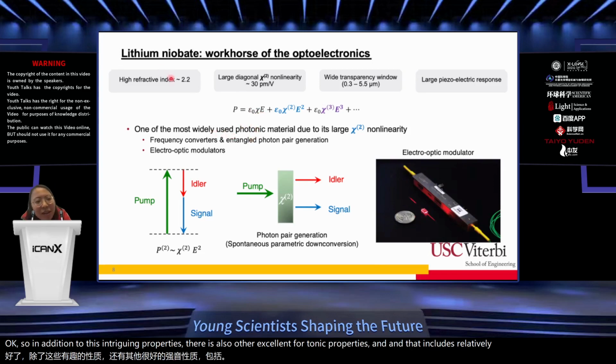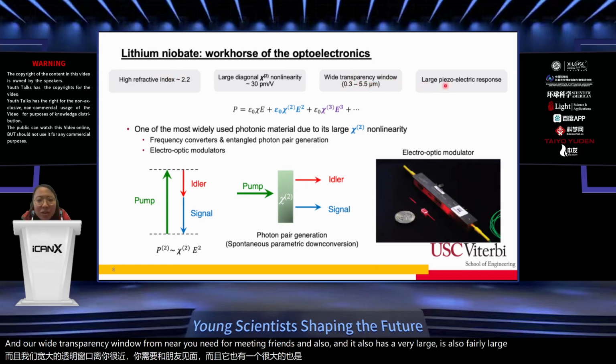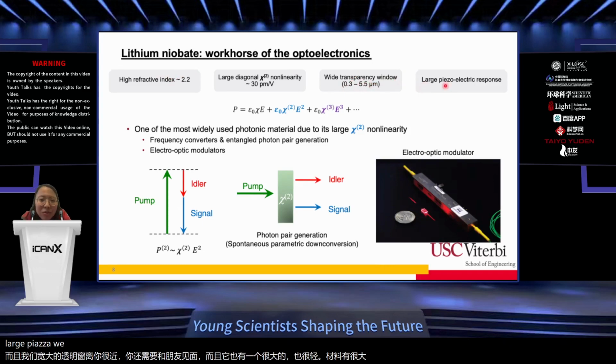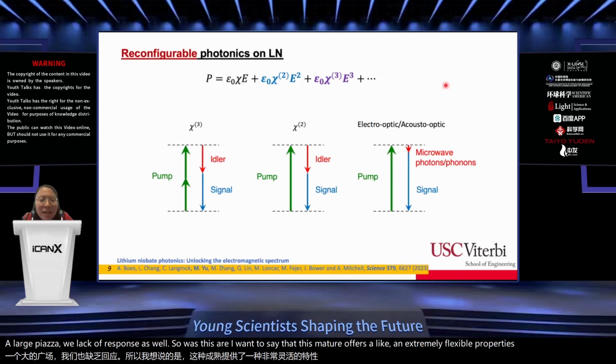In addition to these intriguing properties, there are also other excellent photonic properties, including a relatively high refractive index and a wide transparency window from near UV to mid-infrared. It's also a ferroelectric material, with a large piezoelectric response as well. So with this, I want to say that this material offers extremely flexible properties because it has both Chi2 and Chi3.